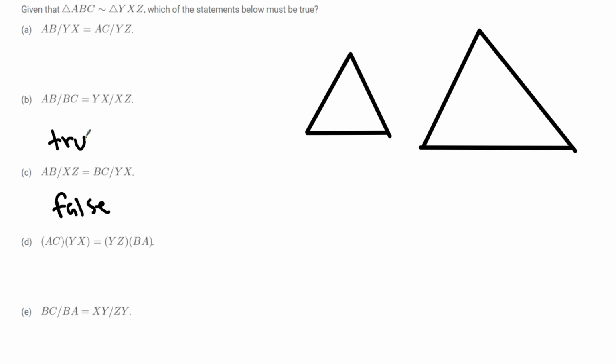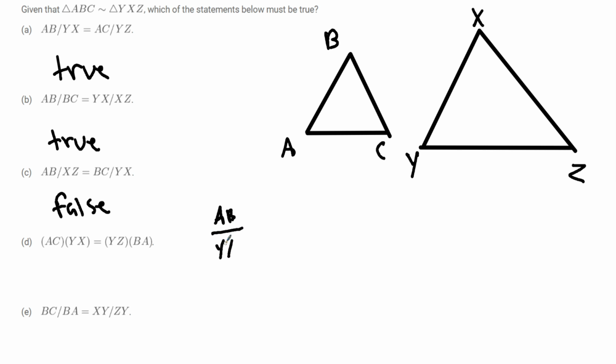Again, we got this is true and true. And we'll just redraw ABC and YXZ. Alright, AC times YX. Is that equivalent to YZ times BA? Well, if we look at our very first problem, we know that that's true. So we know that AB over YX is equal to AC over YZ.